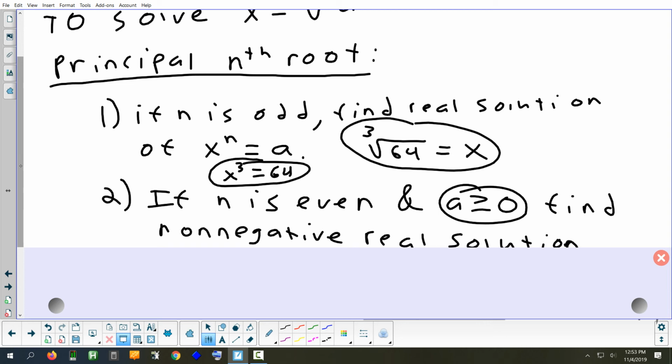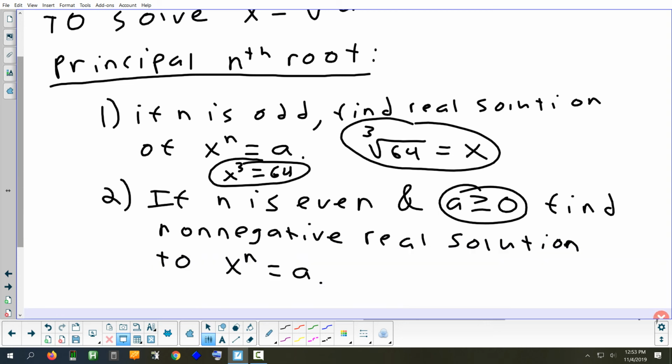You'd get an imaginary. So anytime you're dealing with a square root, fourth root, whatever, the thing under the root has to be greater than or equal to 0. And the second part is I want the answer that is non-negative.